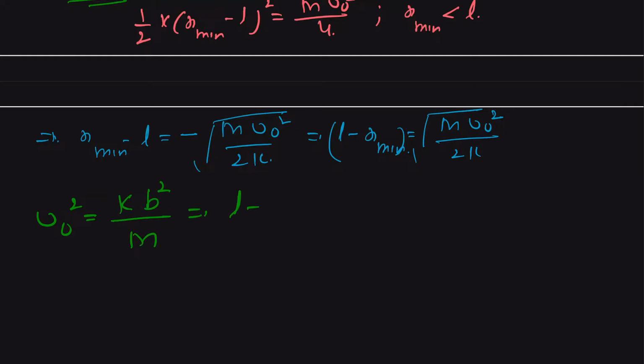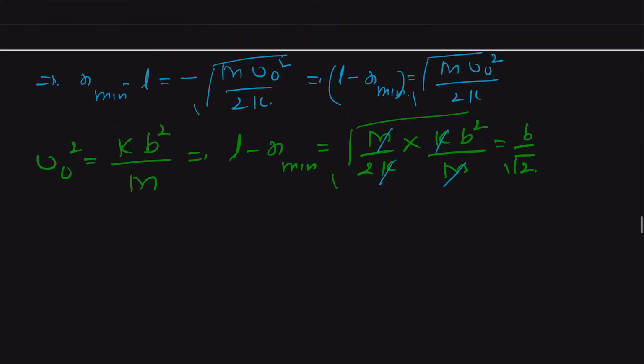Therefore we get L minus x minimum is equal to the square root of m upon 2k times k b square upon m, and here k, m and m cancel out, so we get b upon square root of 2.